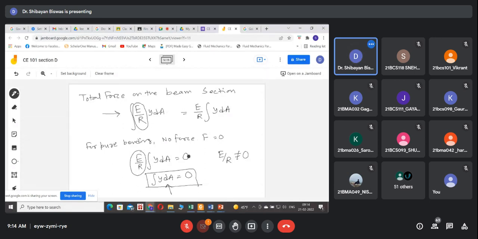That means the neutral axis has to pass through the centroidal axis. Only then the total expression, whatever I have written, is valid. So the neutral axis, or NA, is basically the centroidal axis of a section.